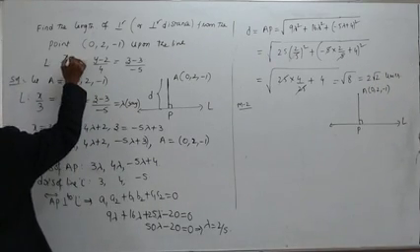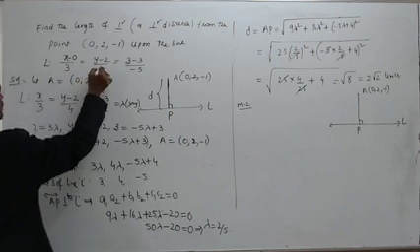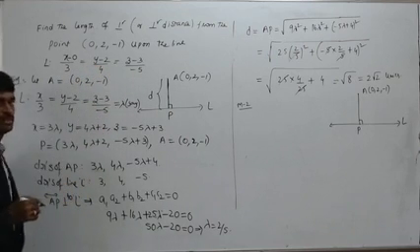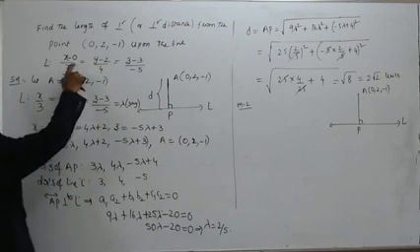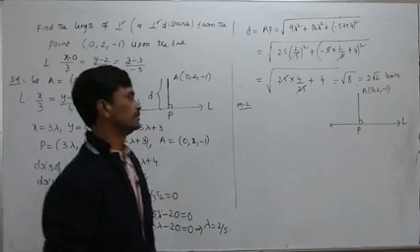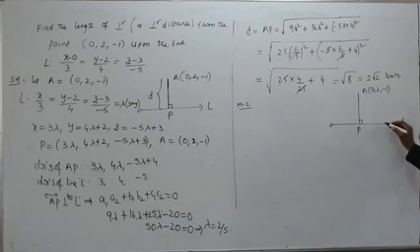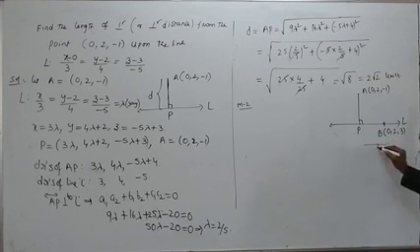This line equation can also be written as x minus 0 by 3, y minus 2 by 4, z minus 3 by minus 5. So here what are x1, y1, z1? 0, 2, 3. That means the line L is passing through the fixed point 0, 2, 3 and parallel to the vector B bar.